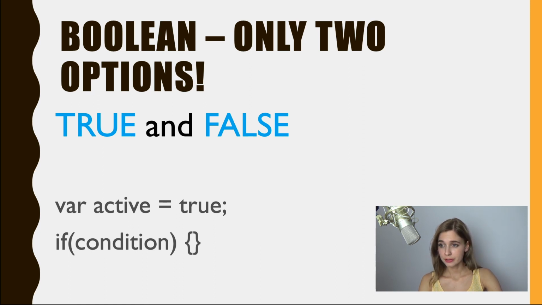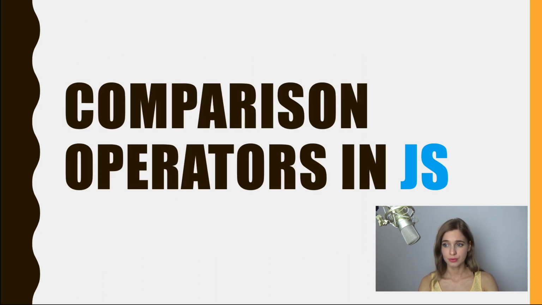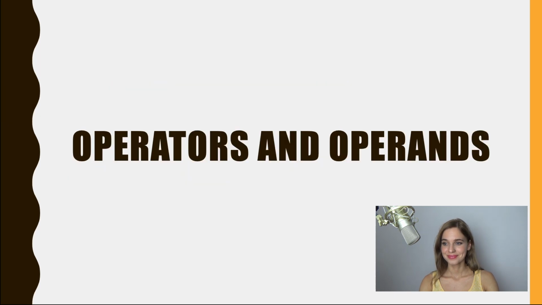Well, in order for us to be able to use Booleans and the values true or false, we first need to get to know operators. And so we have different types of operators. First, we'll talk about comparison operators in JS, and not only operators but also operands.